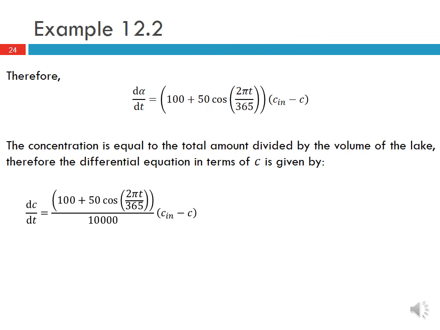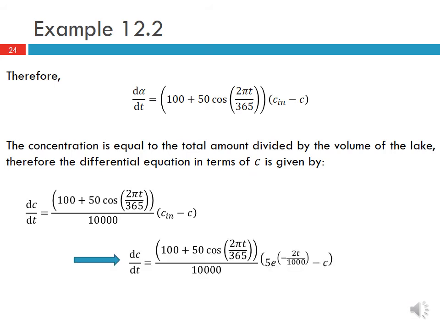So the concentration is equal to the total amount divided by the volume. So if our total amount was alpha, the concentration is just going to be alpha divided by 10,000. So here the change in concentration with time is equal to this divided by 10,000.